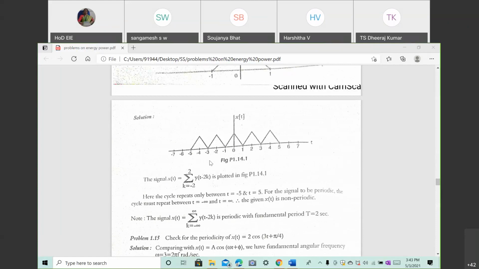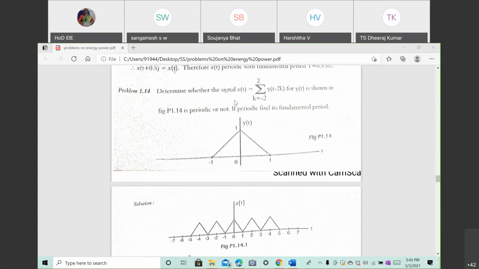There is an interval of 2 between one lowest magnitude and the next, and also for the highest magnitude of the triangular waveform. So that is what we see externally, but with the equation we have to verify.